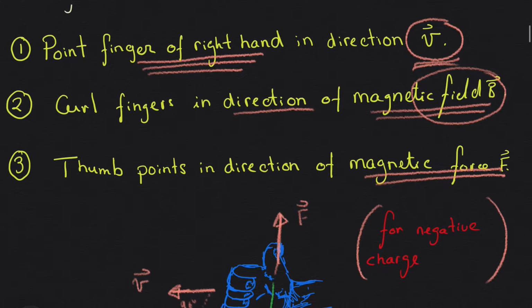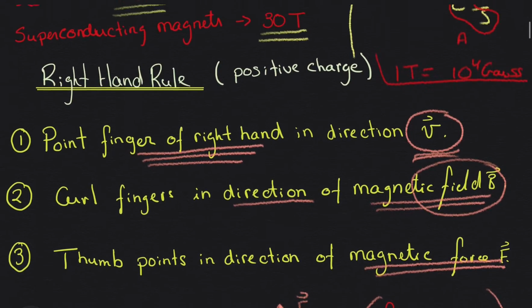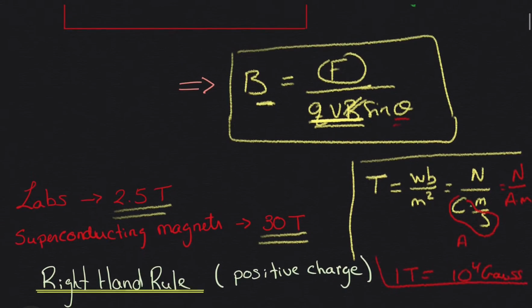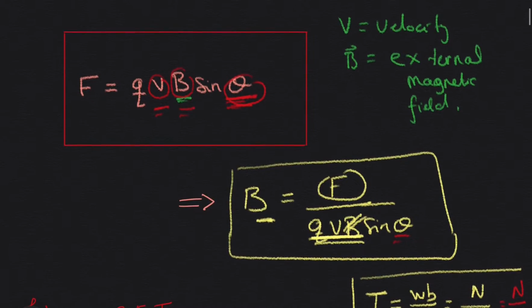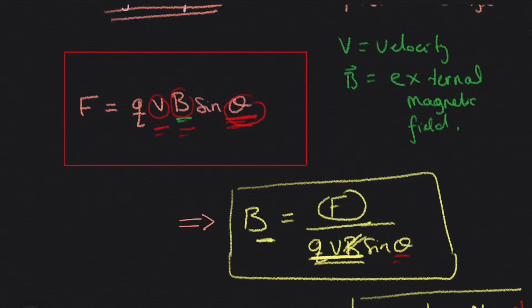Let me go over question number 1 and number 2 with this information. I'm going to scroll up for a second, and I just want to make sure that we are on the same page. Here we are solving for the force, and the force is given by QVB sine theta, where theta is the angle between the velocity of the moving charge and your applied magnetic field.